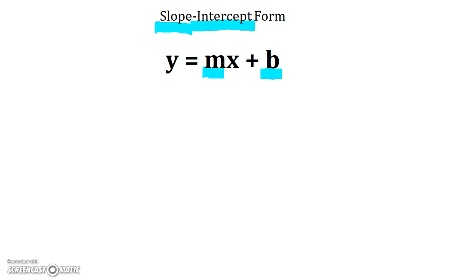We were writing y equals whatever we found m to be, x, plus whatever we found b to be. So we actually had numerical values, numbers for m and for b.